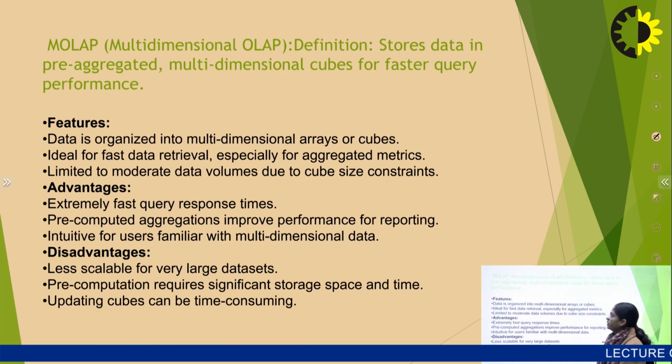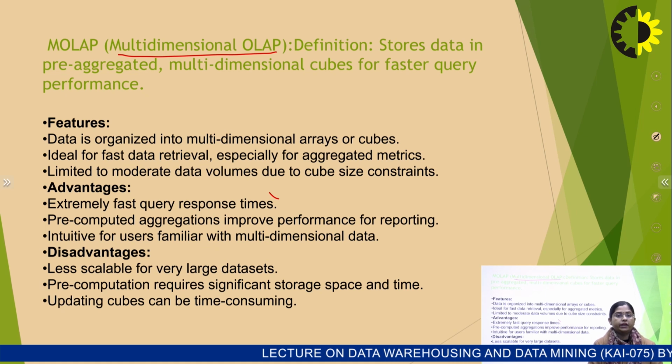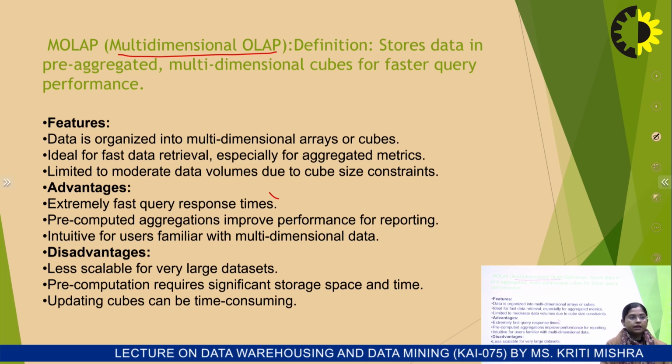Now we'll study MOLAP. MOLAP is, as I have said, multidimensional OLAP. So what is the definition? It stores data in pre-aggregated, multidimensional cubes for faster query performance. What are the features? Data is organized into multidimensional arrays or cubes.